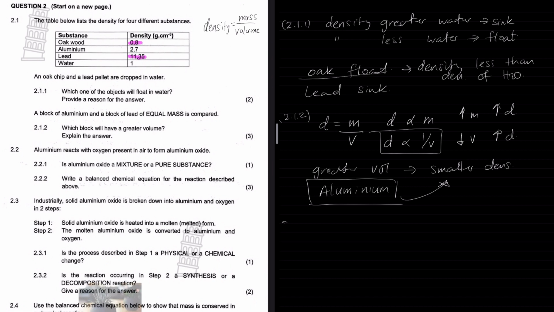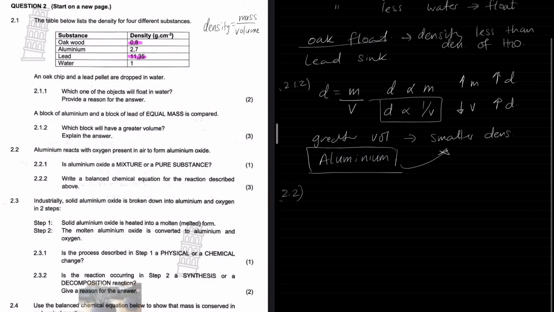Okay, let's move on. Question 2.2. Aluminium reacts with oxygen present in air to form aluminium oxide. Is aluminium oxide a mixture or a pure substance? So what is aluminium oxide? Al2O3. Is this a mixture or is it a pure substance? It is a pure substance.